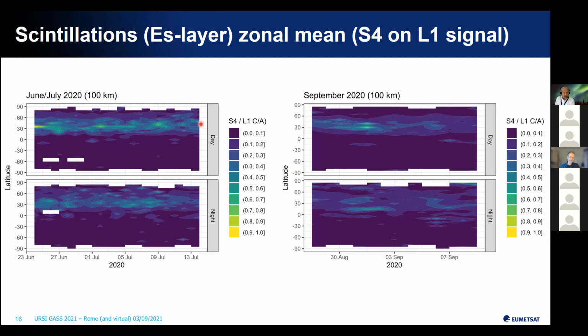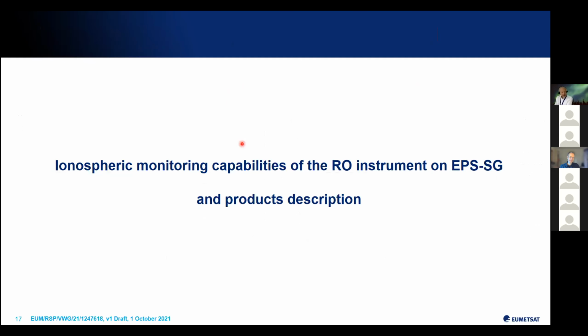They are higher in the day with respect to the night, and are higher in the June-July experiment with respect to the September experiment. This is in line with what Manuel was showing before, because we think that these are due to the occurrence of the sporadic layer, which for the summer period is mostly occurring or affecting the northern hemisphere, and mostly during the day with respect to the night.